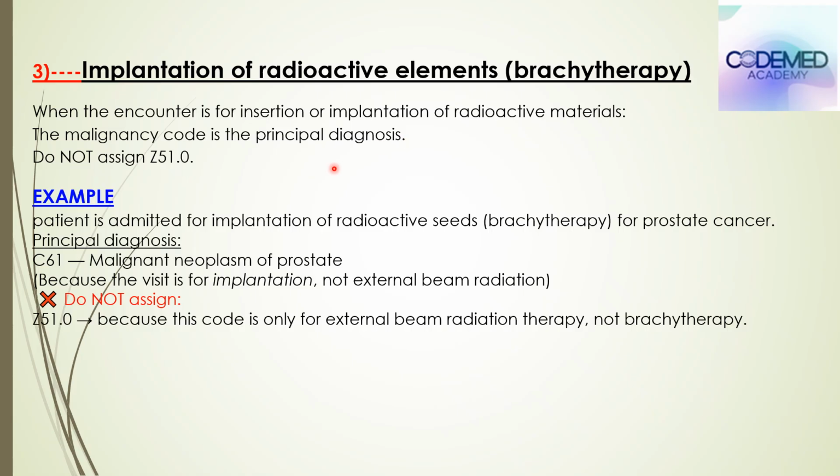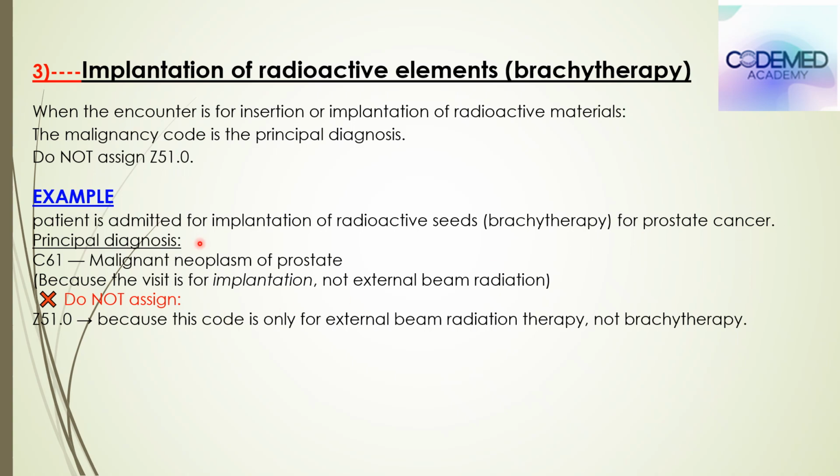Do not assign Z51.0. So the patient is admitted for the implantation of the radioactive seeds for the prostate cancer. When we are talking about radioactive seeds, we are not giving radiation therapy, we are just putting those seeds inside.